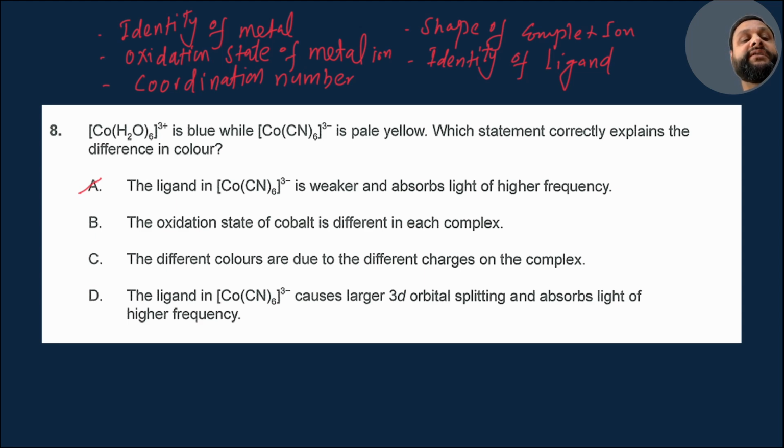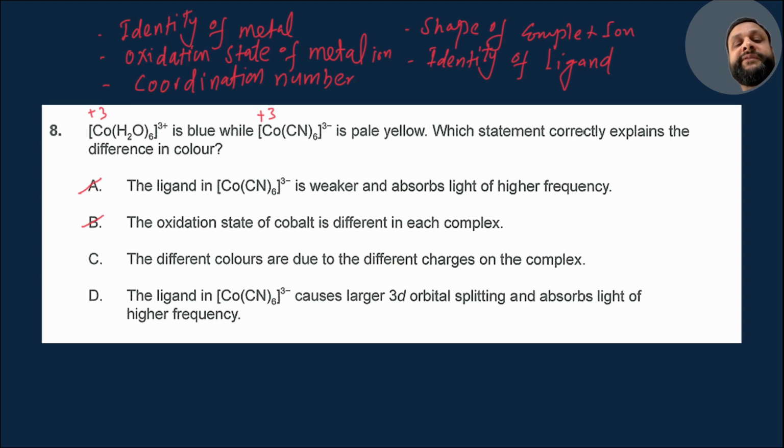Let's work it out. The oxidation state of cobalt in the first complex is +3 because water is a neutral ligand. And in the second one it is also +3 because cyanide is a negatively charged ligand, so -1. So the oxidation state is +3 in both of them, and that statement is wrong.